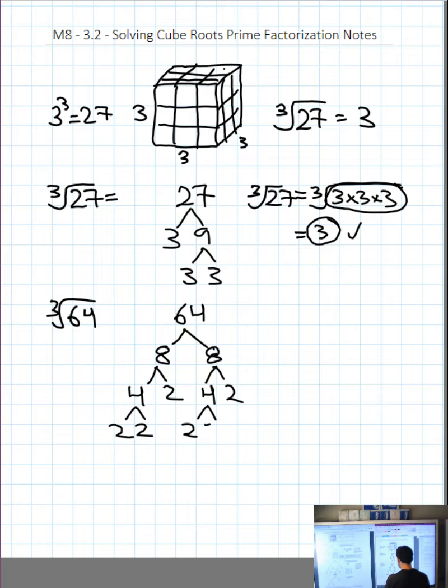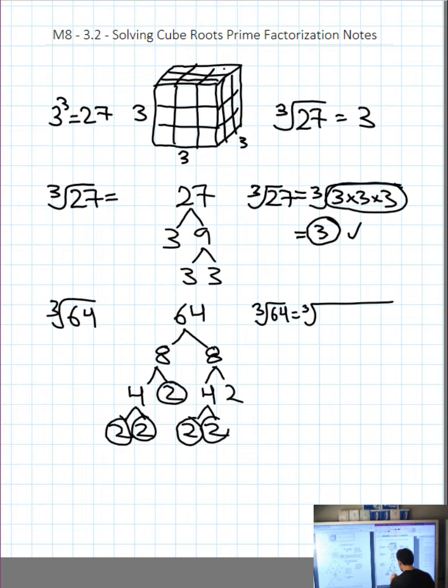And 2 times 2. And then we can write the cube root of 64 as the cube root of a product of all the factors, all the prime factors at the bottom. Sometimes if it's confusing, it helps to circle all of the numbers at the bottom only.